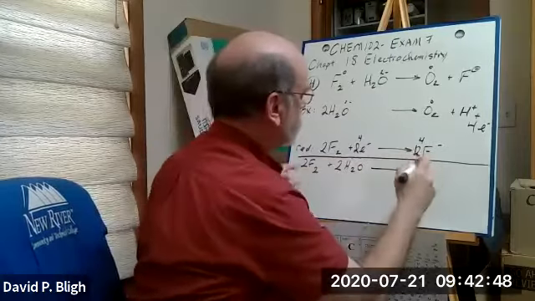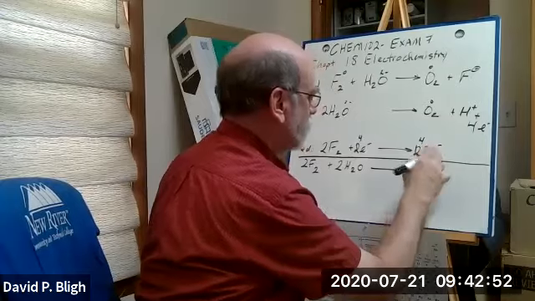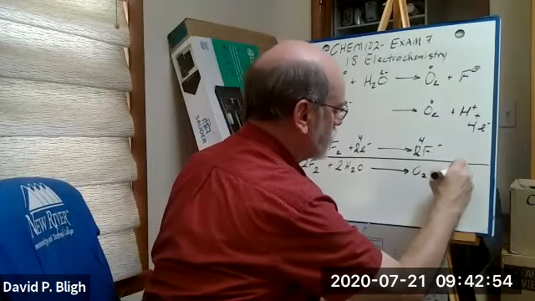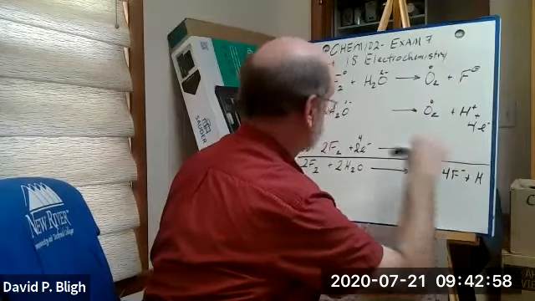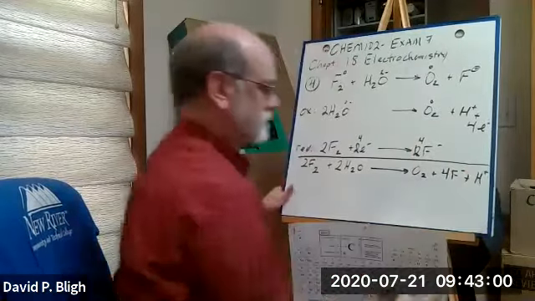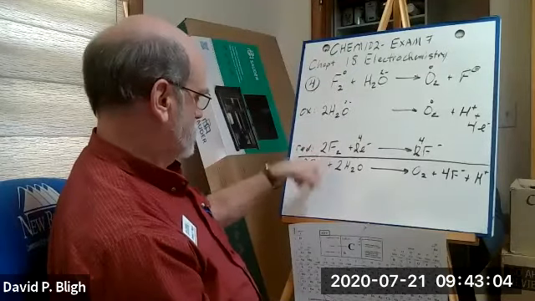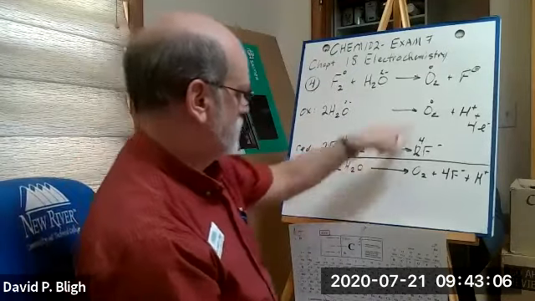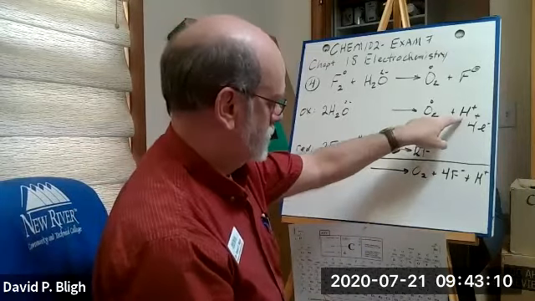And then on this side, we've got 1 oxygen, 4 fluorides, and 1 hydrogen. Let's see if that's right. 2 here, 2 there, 1 there, 4 there, and 1 there.